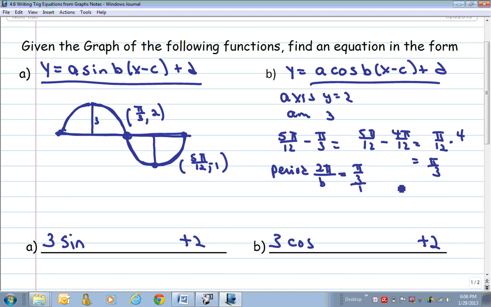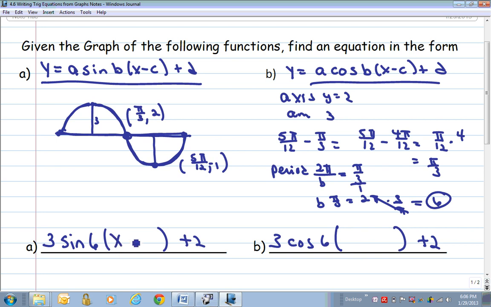So we would have b times pi over 3 equals 2 pi. So we would divide by pi over 3 or multiply by 3 over pi. And when we do, the pi's would cancel out, and 2 times 3 is 6. So it would be 6, and this would also be 6 because the period would be the same.